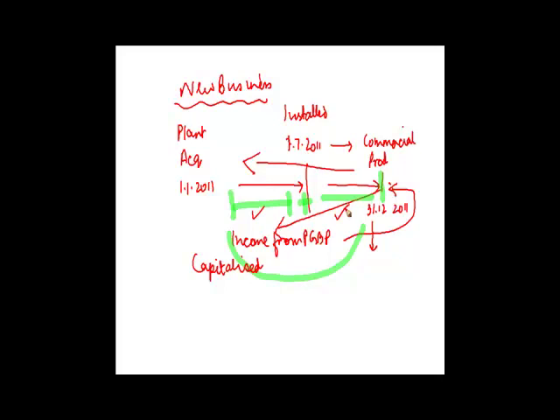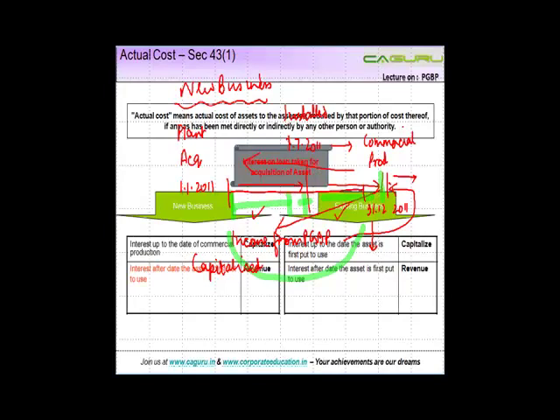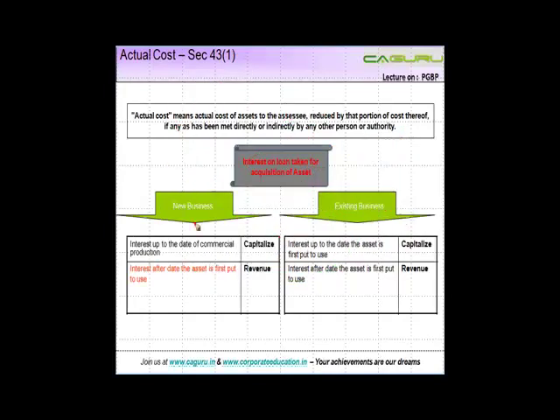And it's only on the balance that you claim a revenue expenditure. So any interest pertaining to this period will be capitalized, on which you will claim depreciation, and for this it will be revenue in nature. Let's read this out. New business, interest up to the date of commercial production is capitalized. Interest after the date the asset is first put to use is revenue in nature.